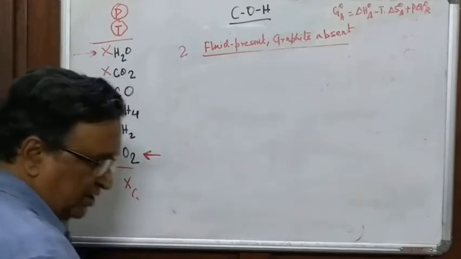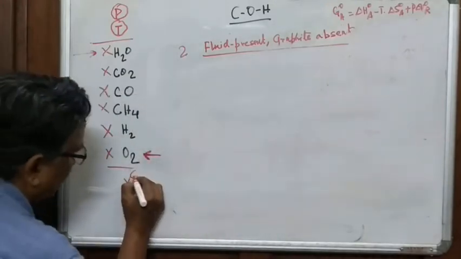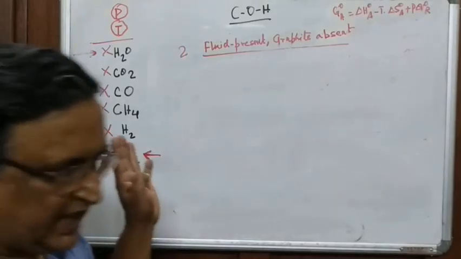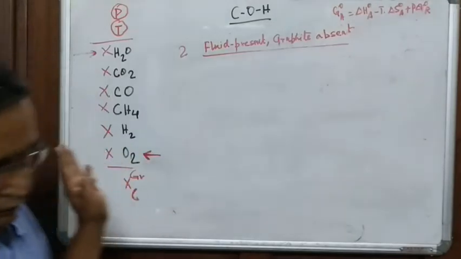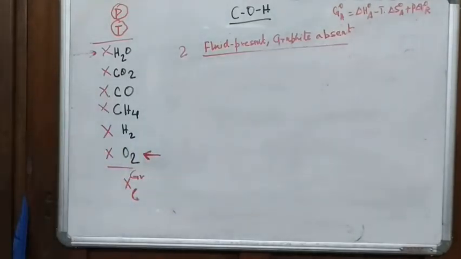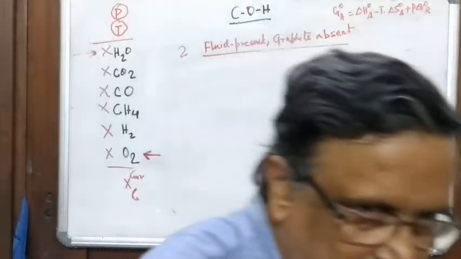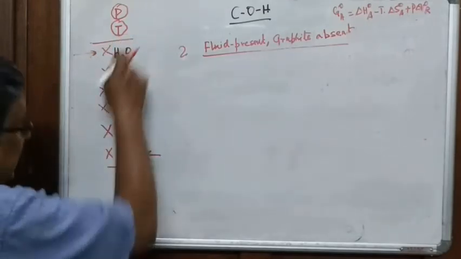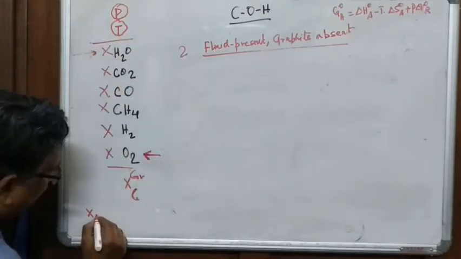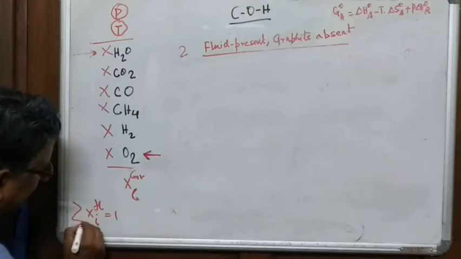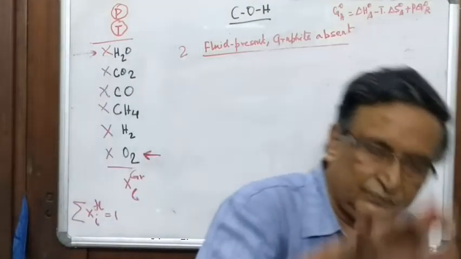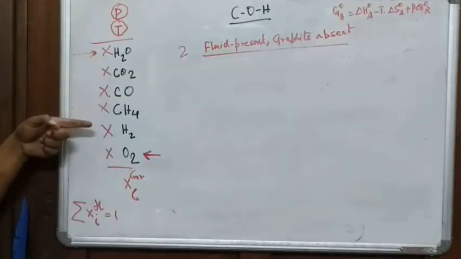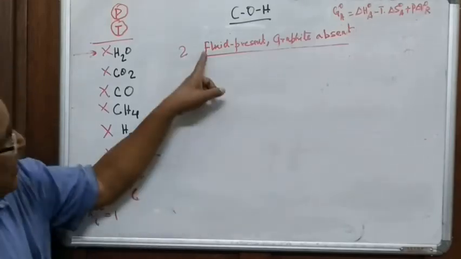Xc graphite has now become an unknown. Graphite is not a part of the system, it is not present. But sigma Xi fluid equal to 1, that equation remains: XH2O plus XCO2 plus XCO plus XCH4 plus XH2 plus XO2 equal to 1. That remains because the fluid is fully present.